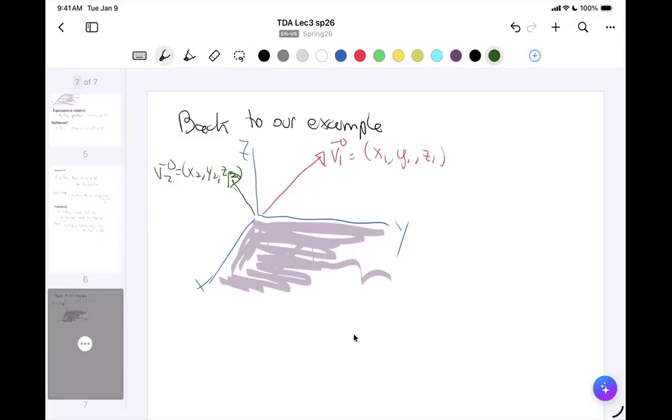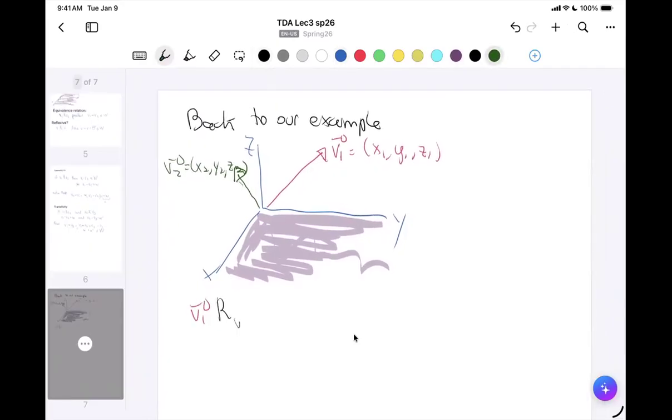So here, the condition for them to be related is that V1 minus V2 is on the XY plane, right? So V1 and V2 are related if their difference is on the XY plane. That's because the subspace, in this case, is the XY plane.